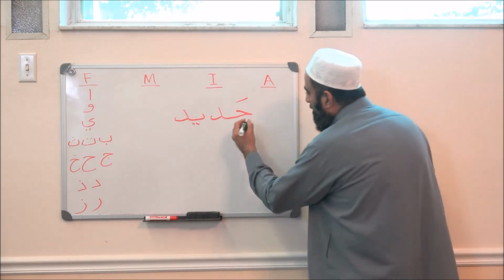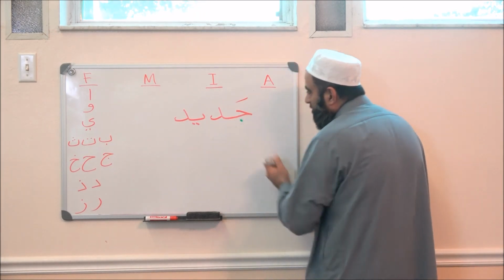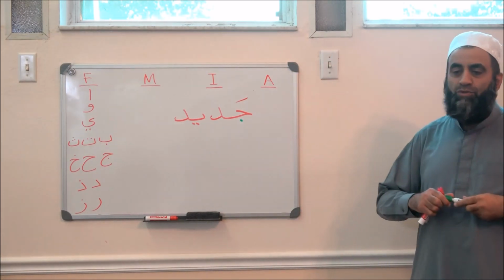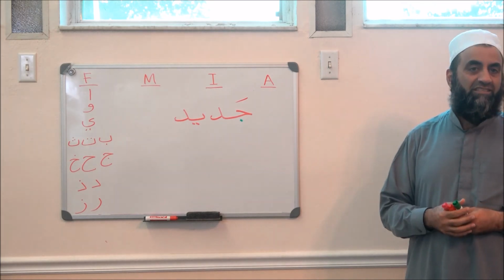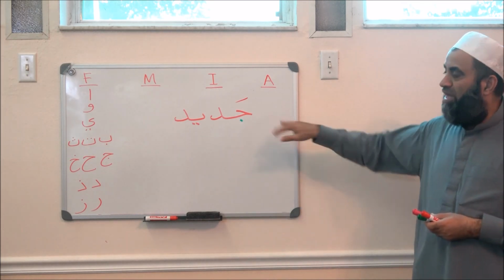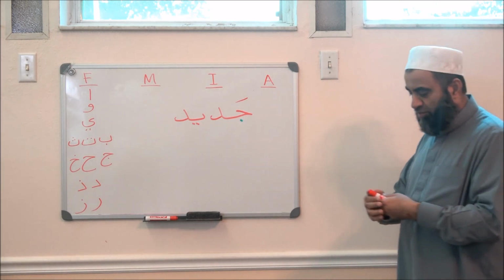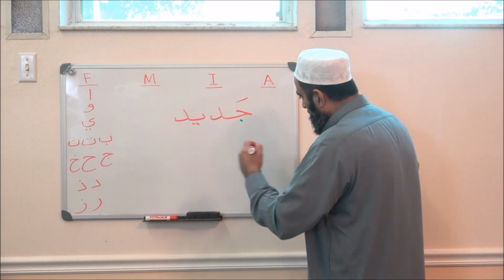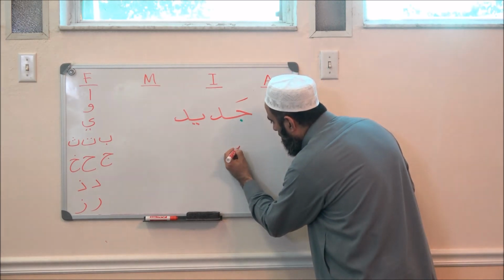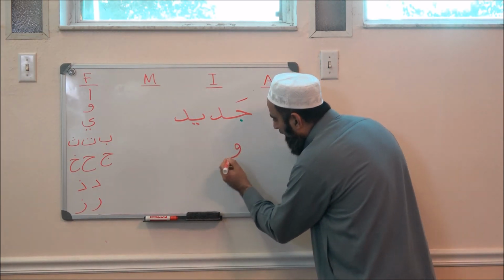So let me put the dot in another color. Red and green is jadid, which means new. Red only, hadid without the dot, which means iron. And the other one which I wanted to write and finish with, the word valley.